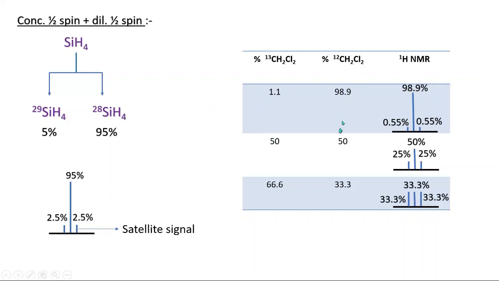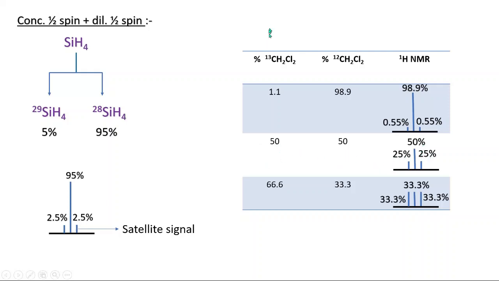So this 50%, the 2 hydrogens will give a singlet, so 50% singlet. And this 13C, the 2 hydrogens will give a doublet, and that will be distributed into 2 singlets, so 25%. Simply divide by 2, 25.